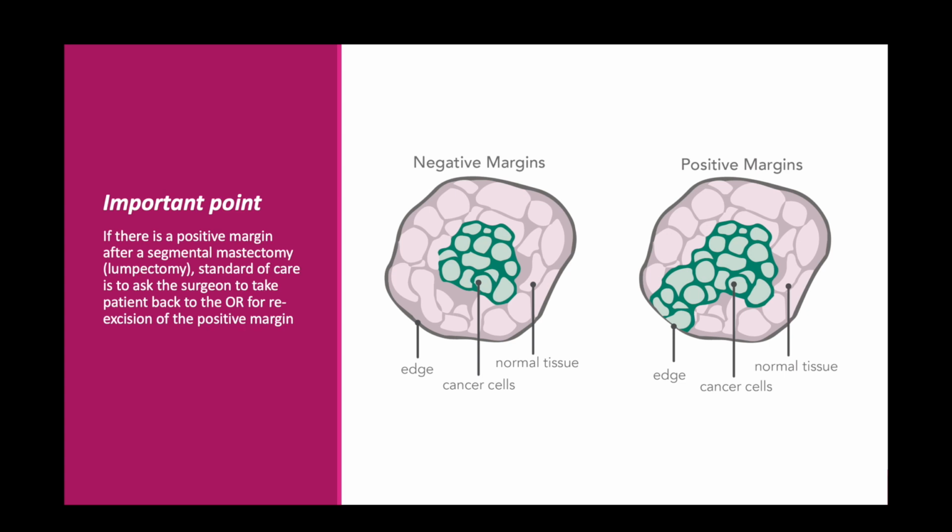So if you go by the book, having any kind of positive margin, you need to ask the surgeon to take that patient back to the OR for a re-excision. And if that margin keeps coming back positive, if they're not able to get a clear margin in that area, then that patient probably should not be getting a segmental mastectomy, and they should probably just go for a total mastectomy to clear the margin.